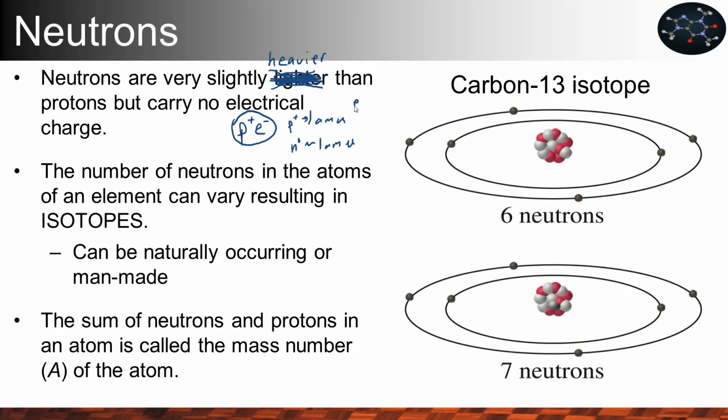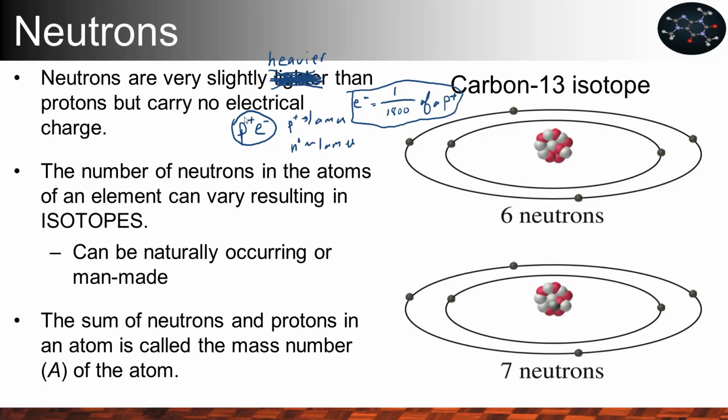An electron, we didn't mention this before, is about 1/1800th the size of a proton. So they're tiny. Even though they have a full negative charge, the same amount of negative as the protons have positive, they're almost 2,000 times smaller than a proton, which is kind of interesting all in itself.